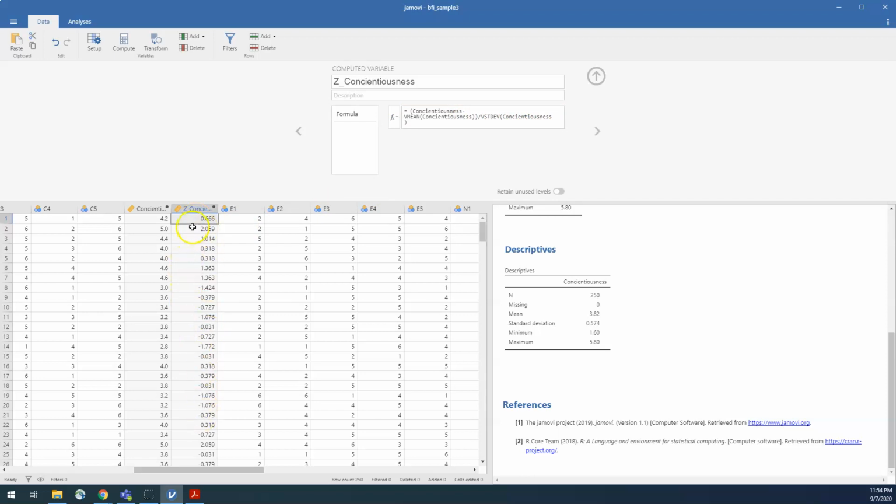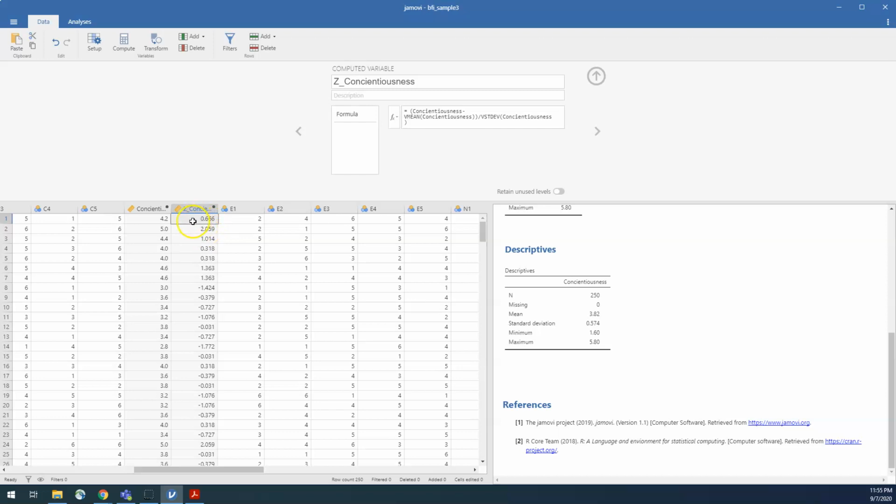It might be a little bit different because this mean and standard deviation were rounded to just a few decimal points. When I have it computed here, it doesn't have to round at all. It can carry this out to 10 or 20 decimal places, and so these will be slightly different than before. Like this first one was 0.662, now it's 0.666, and the reason for that, again, is a difference of rounding.